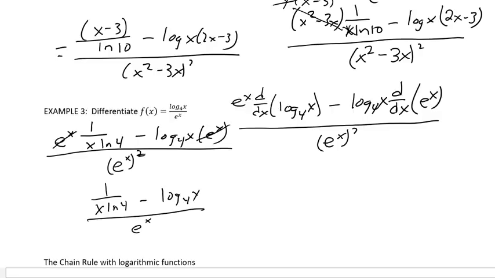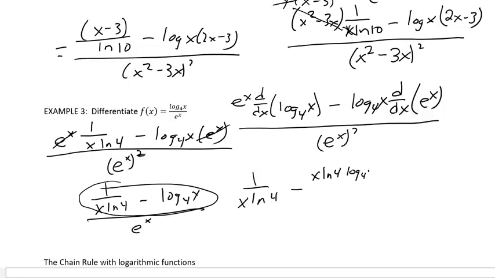And to put that into one fraction, if you want to see how to simplify this one, because this is, of course, again, the derivative in unsimplified form. To simplify it, make this have a common denominator. So it'd be 1 over x natural log of 4 minus x natural log of 4 log base 4 of x over x natural log of 4, all over e to the x.